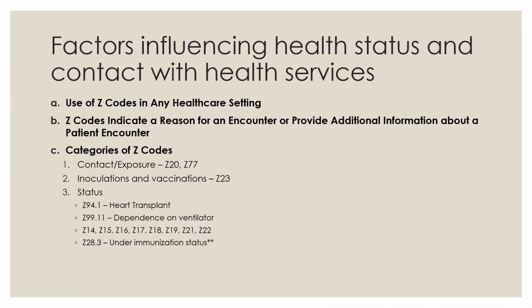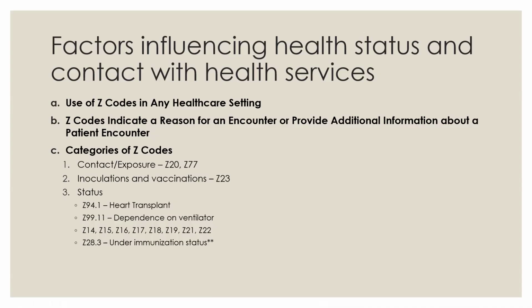Inoculations and vaccinations. This is probably one of the most commonly used Z codes throughout the family practice and internal medicine spectrum, but is also used in certain other areas as well. Code Z23. This is used for encounters for inoculations and vaccinations.